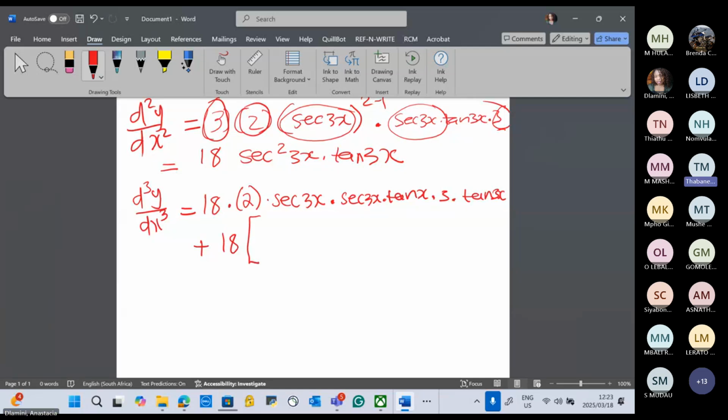Then plus tan 3x. No, it's times sec squared 3x actually. Sec squared 3x, and then times sec squared 3x times 3.